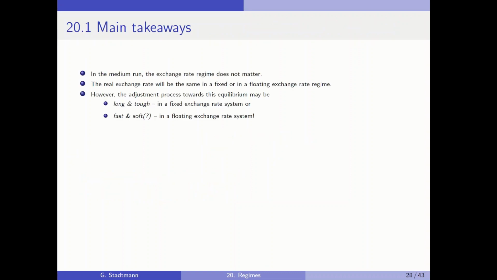So once more, we can have a look at these main takeaways, this time by looking at this macroeconomic model. It is indeed the case that the economy had to go through a recession. This recession is tough because unemployment rates are higher than the natural rate of unemployment.